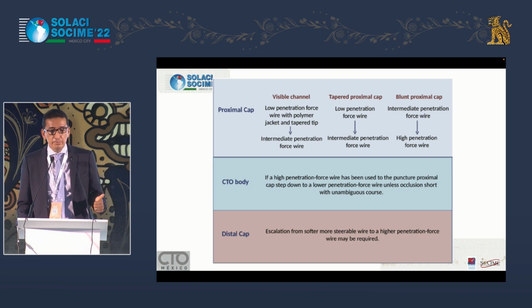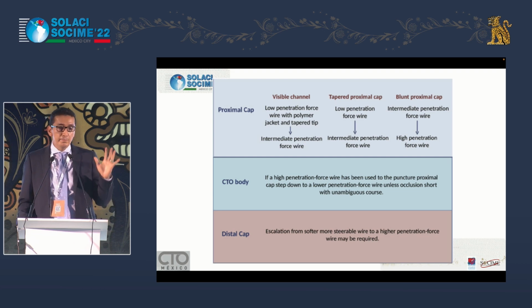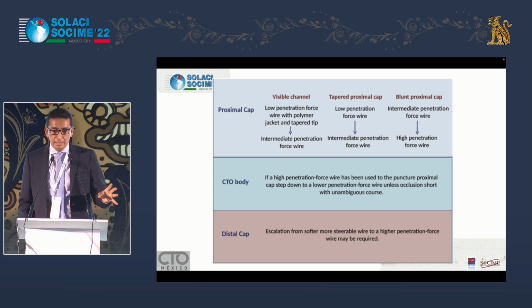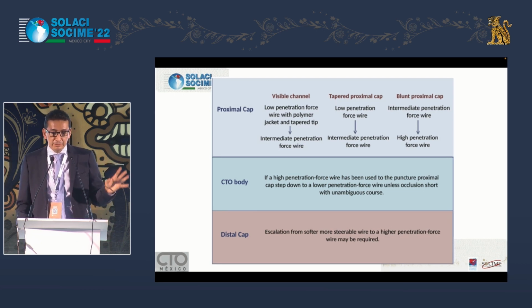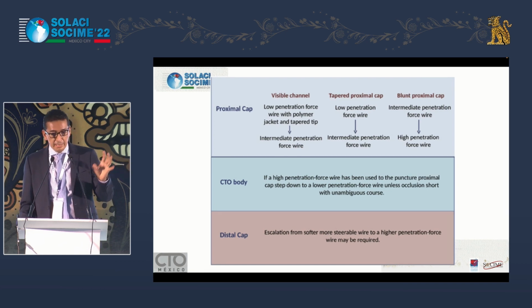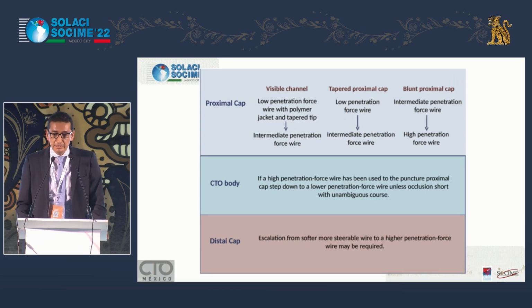Recuerden que si el cap proximal es un canal visible, un taper con un microcanal, probablemente una guía de penetración intermedia. Si es taper proximal, una vía con un cap proximal ocluido, probablemente una guía de baja penetración con un microcanal, de fuerza radial, y un cap blunt, una guía de alta penetración.